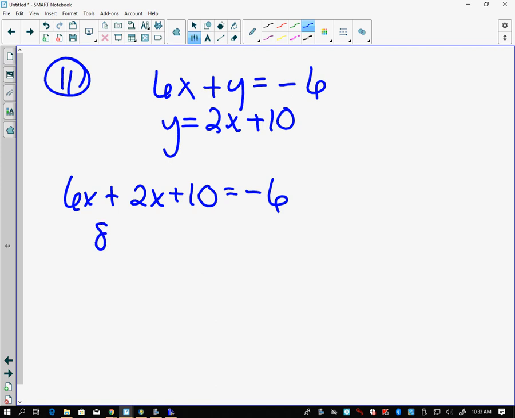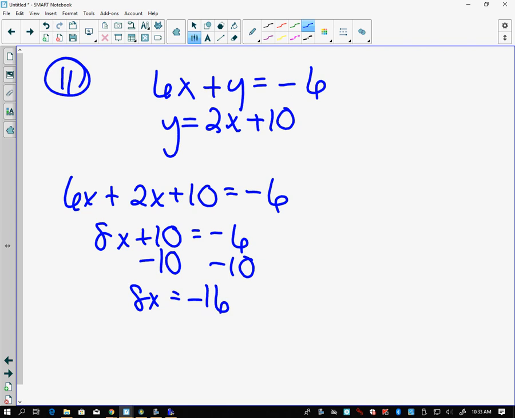Combine like terms, so I got 8x plus 10 equals negative 6. Minus 10 on both sides, so that gives me 8x equals negative 16. Divide by 8, x equals negative 2. Now, what do I have left to do? Substitute negative 2 for x. The easiest place might be just to do it right there.